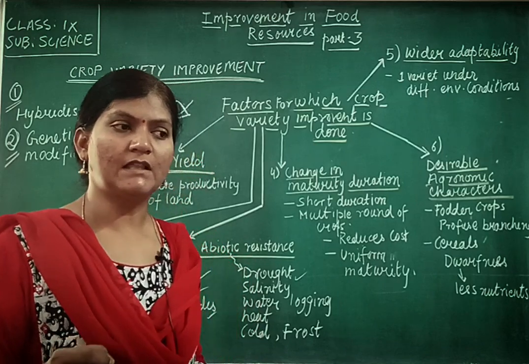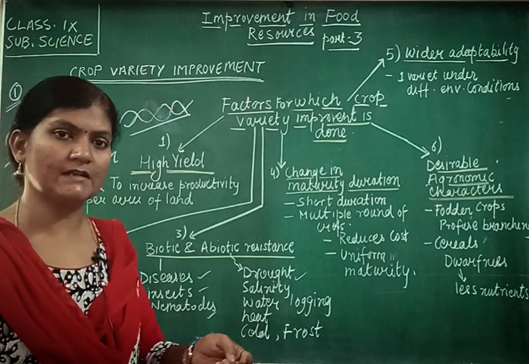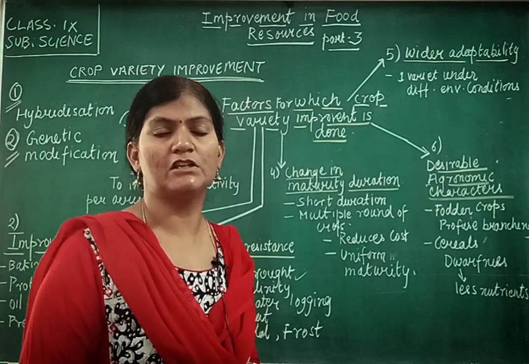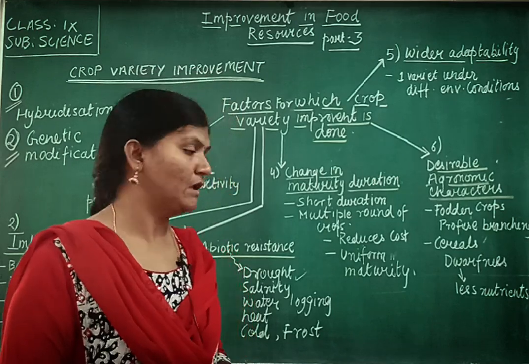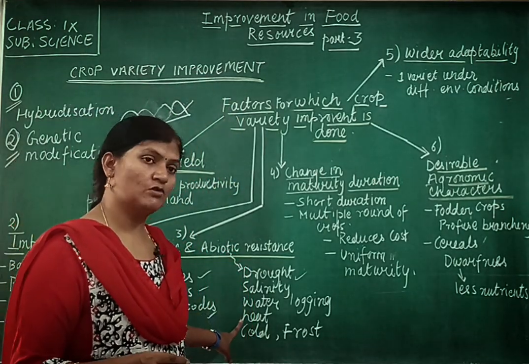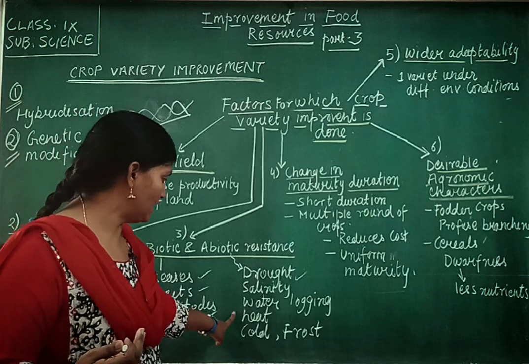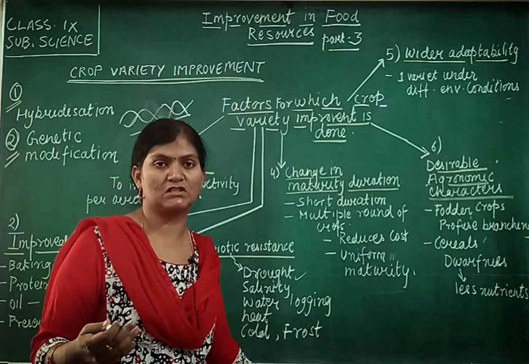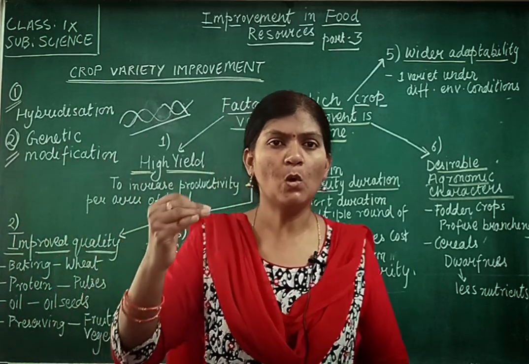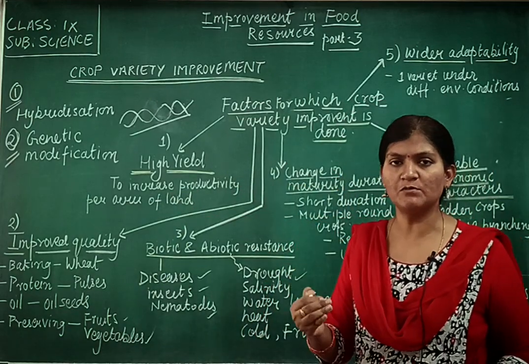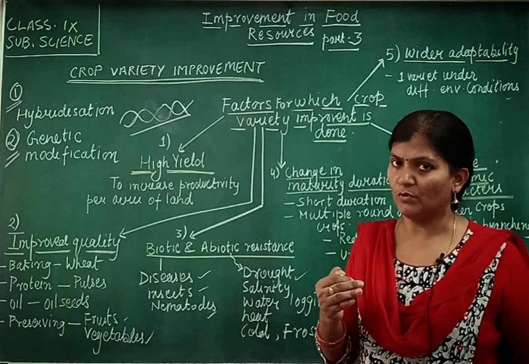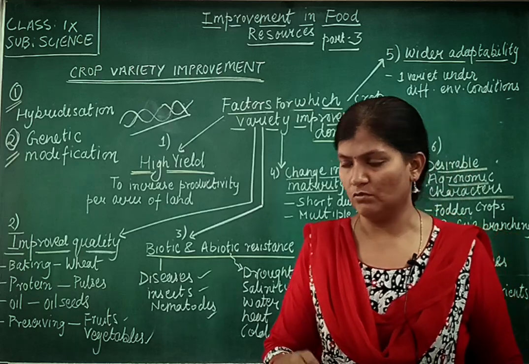So we want that if somehow water gets stagnant at a particular place, it should not harm our crop. Then our crop should have a high resistance to heat, to cold and to frost. Frost means a very low temperature. Means our crop should not be harmed if the temperature goes down.